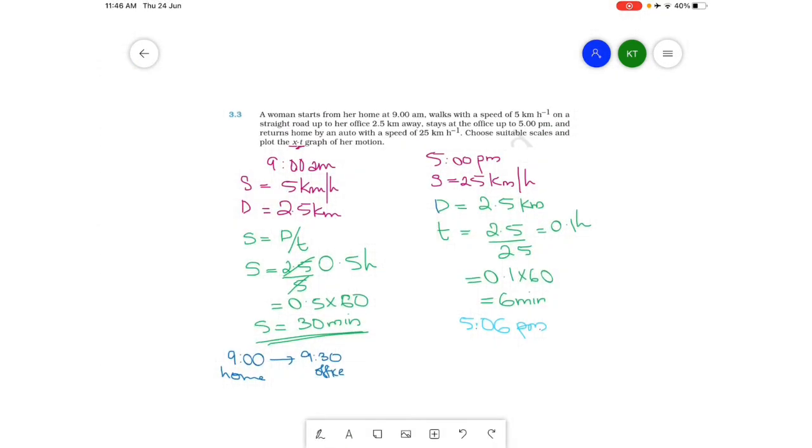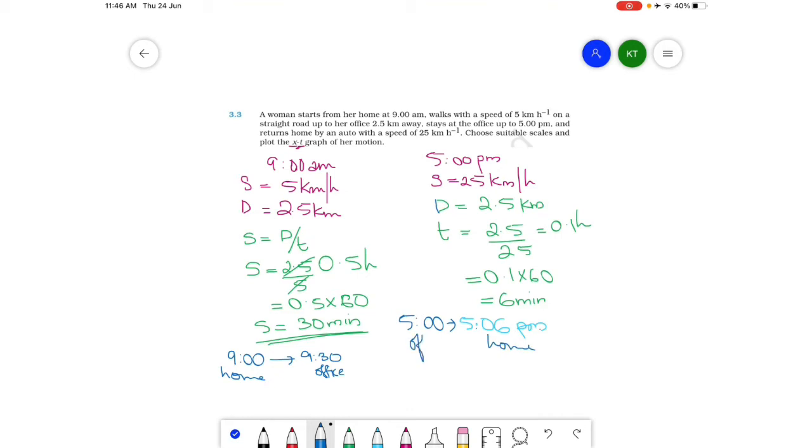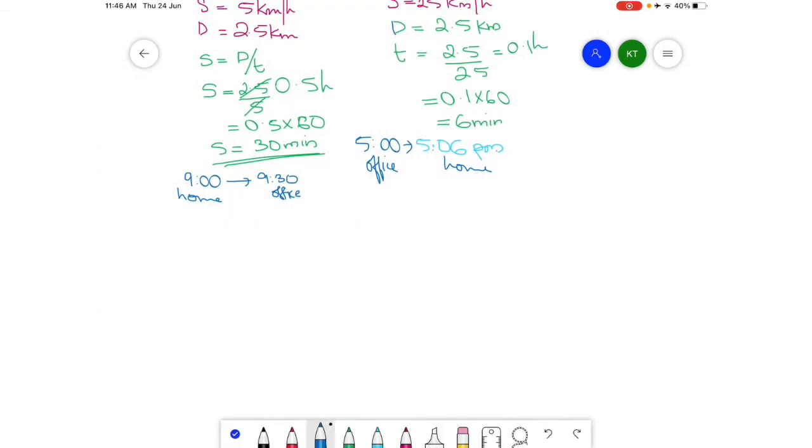Now, how do we plot this? The question is, we want to plot her motion. So from 5 o'clock, she leaves the office. By 5:06, she reaches home. Now, let's draw this. This is the XT graph.